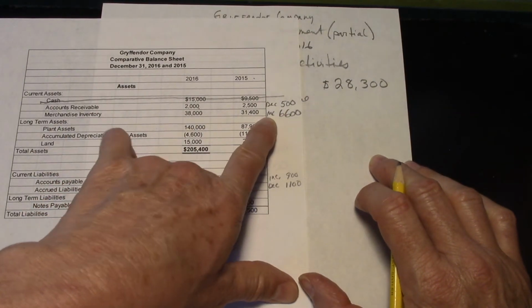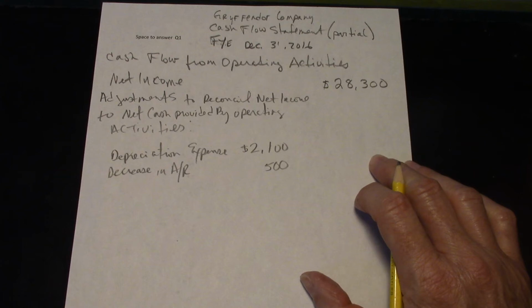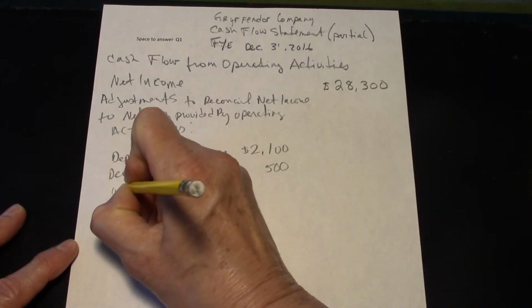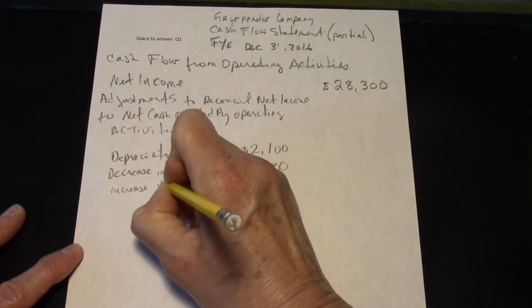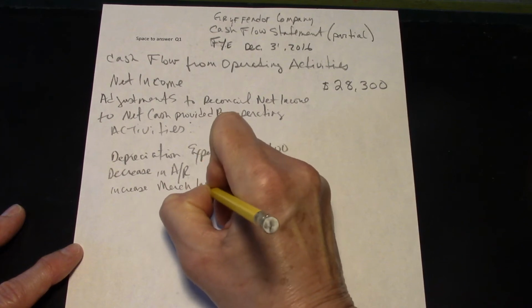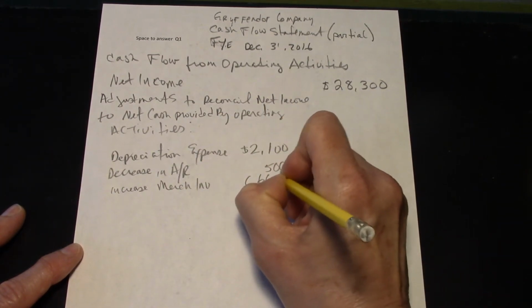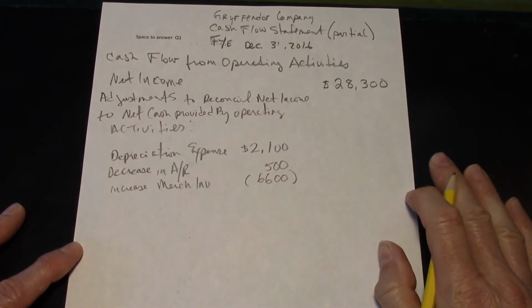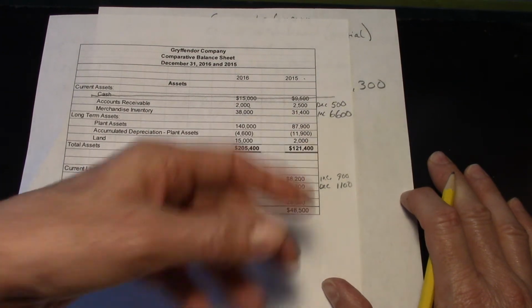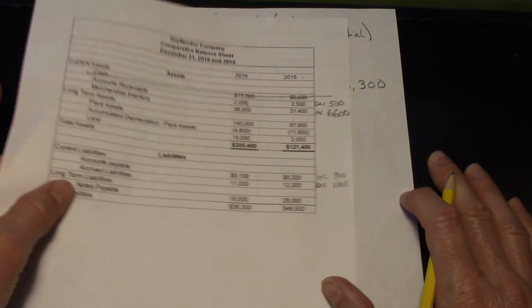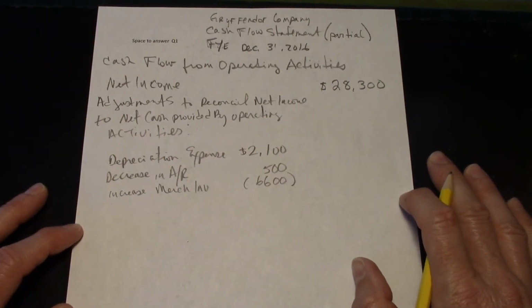We have an increase in merchandise inventory, and that would be negative. Think about it, if you have more inventory than you had, cash would have flowed out for you to get it. So that makes sense.